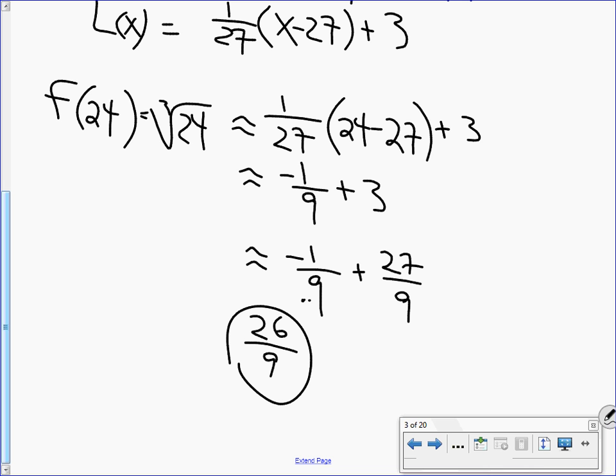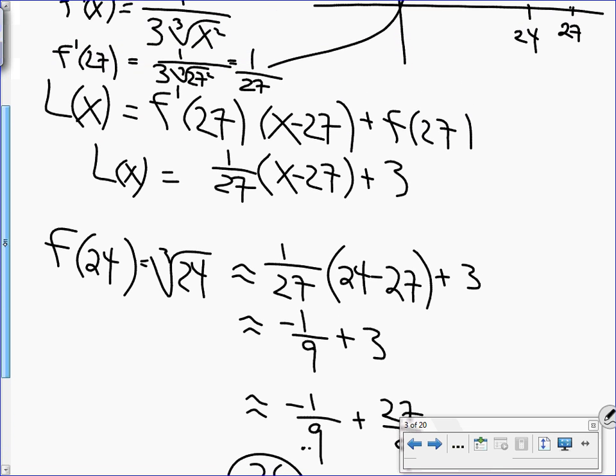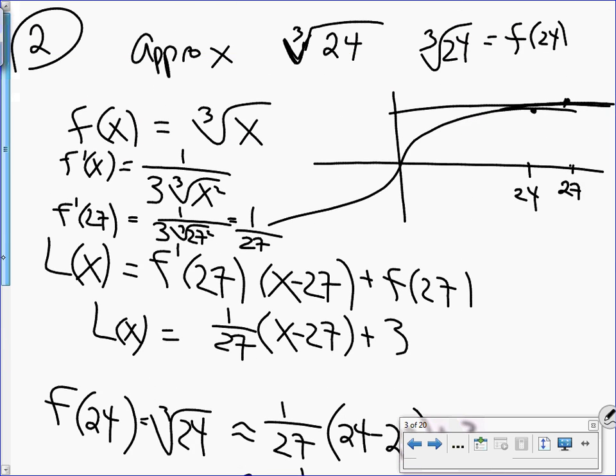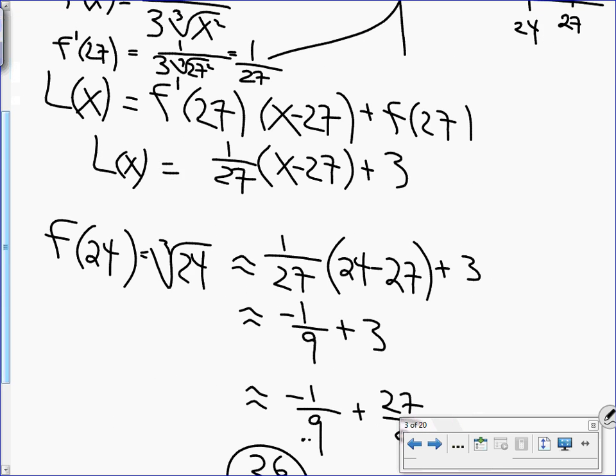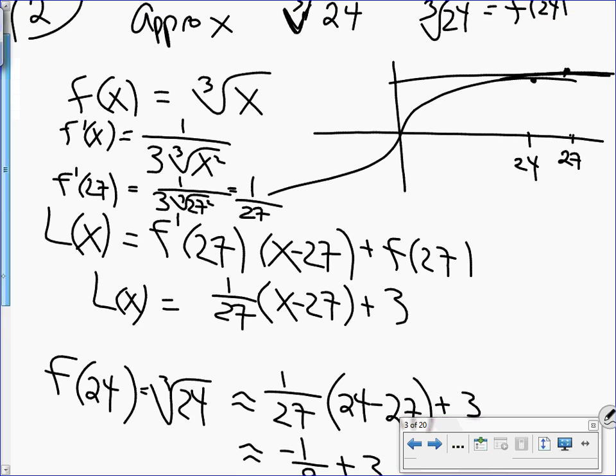It's tough, right? All you're doing is writing the equation of a tangent line and plugging a number in. And in this case, do you think that that's less than the actual or greater than the actual? Greater, because this one's going to be concave down. We know what the cube root of x looks like. The function's concave down for values of x between 24 and 27.